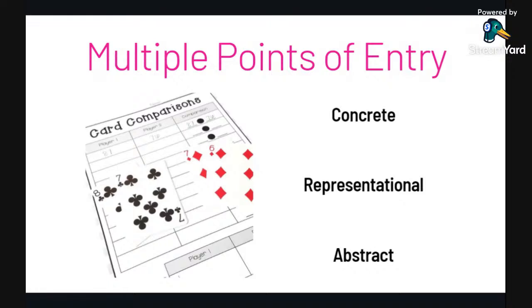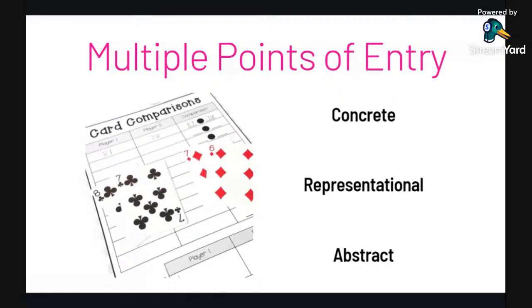So imagine you are a first or second grade teacher and you are teaching your students how to compare 2-digit numbers. The lesson you're doing as a class, you are just pulling cards off of a deck to create 2 different 2-digit numbers, and then you're asking your students to compare those numbers.